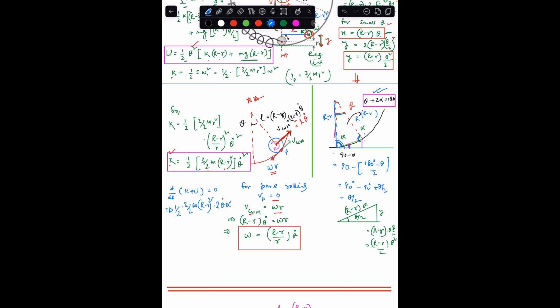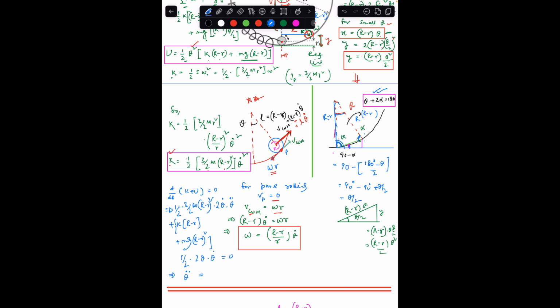Theta double dot is alpha, or you can keep theta double dot also to avoid any confusion. Plus, if I take this term over here, then k into (R minus r), I'll keep them in bracket, plus mg (R minus r) whole square. This is a constant term. Derivative of this term will become half into 2 theta into theta dot, that will become equal to 0. So if I rearrange the equation, how much is it coming?